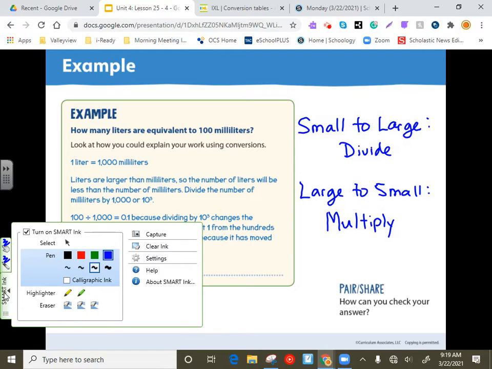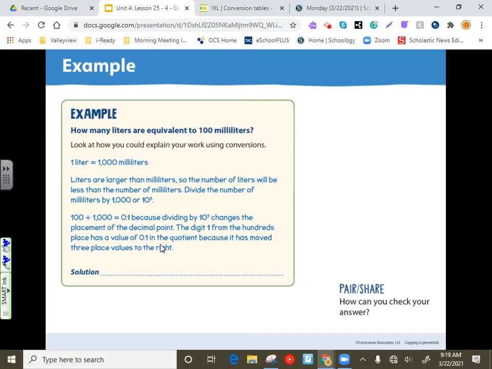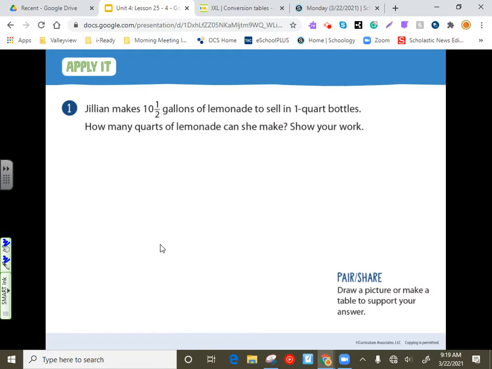And for these examples, I'll make sure to point out which is the smaller and larger as we do that. All right, so with one, Jillian makes 10.5 gallons of lemonade to sell in 1 quart bottles. So a gallon is bigger than a quart. So gallon is our large, and our quarts are smalls.